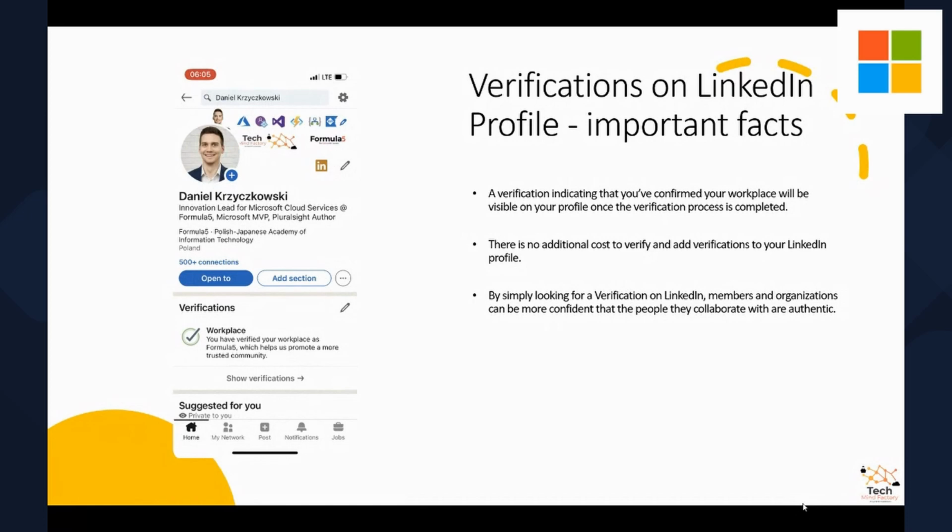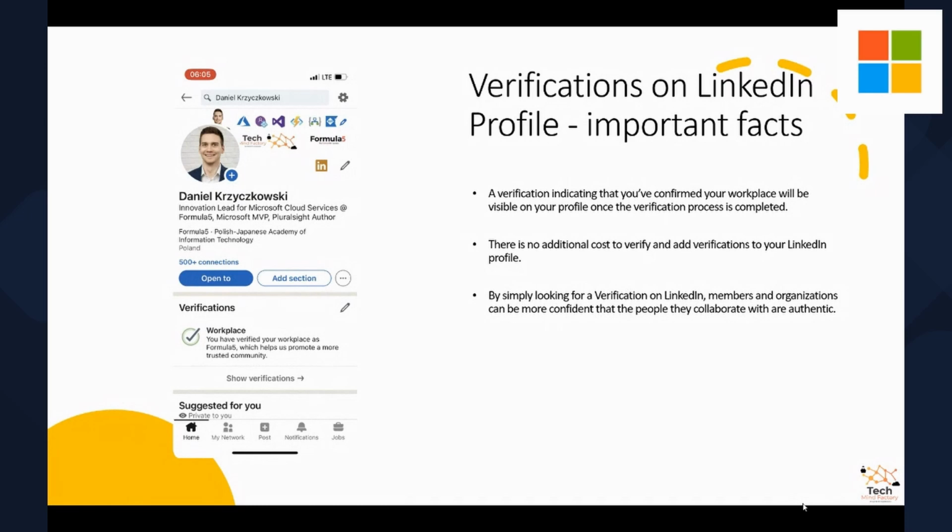So I can do whatever I want. But with workplace credentials and verifiable credentials, you can really prove that you work at specific organizations. As you can see, for instance, I work at Formula 5 as an innovation lead, and this credential was issued to me by the organization, and this information is displayed on LinkedIn.